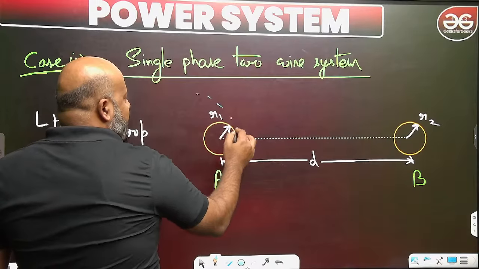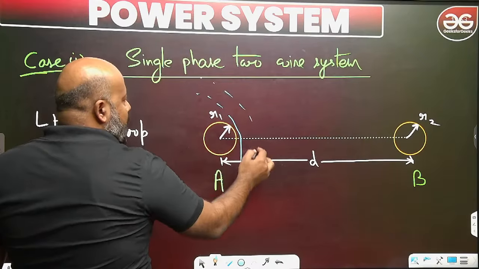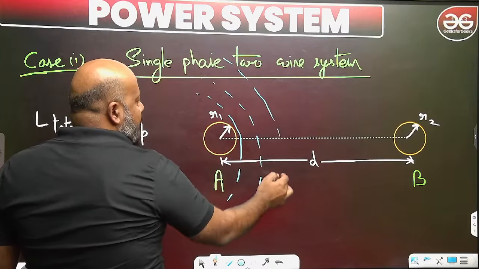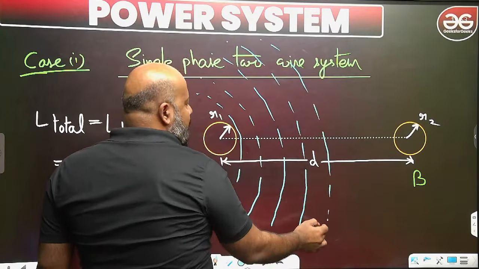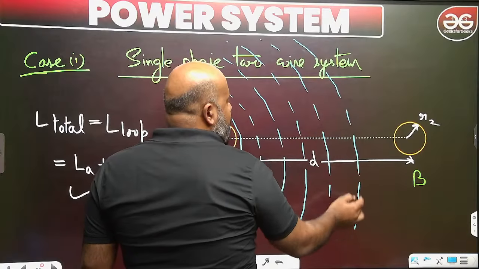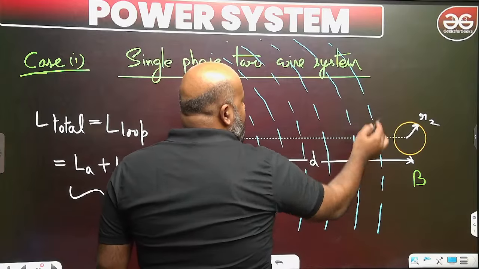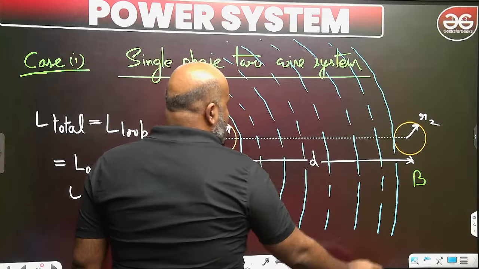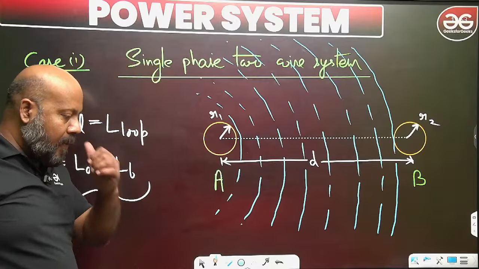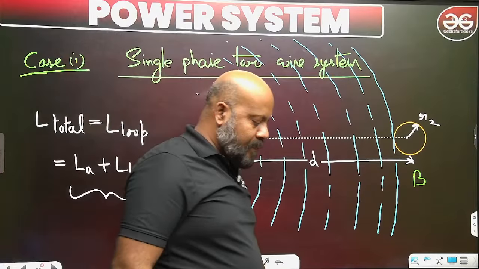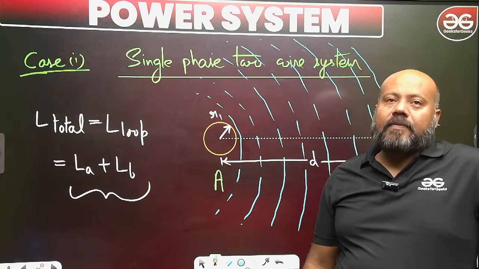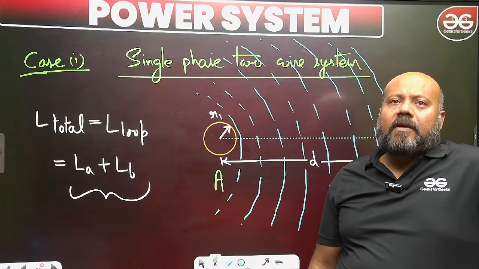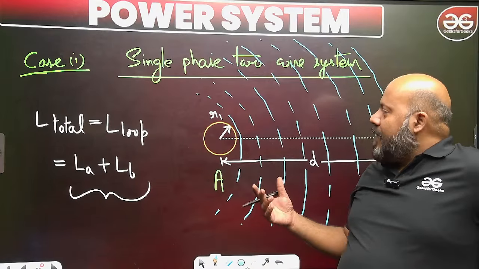So you are getting magnetic flux like this. Are you getting this? So this is how you can define the external flux.